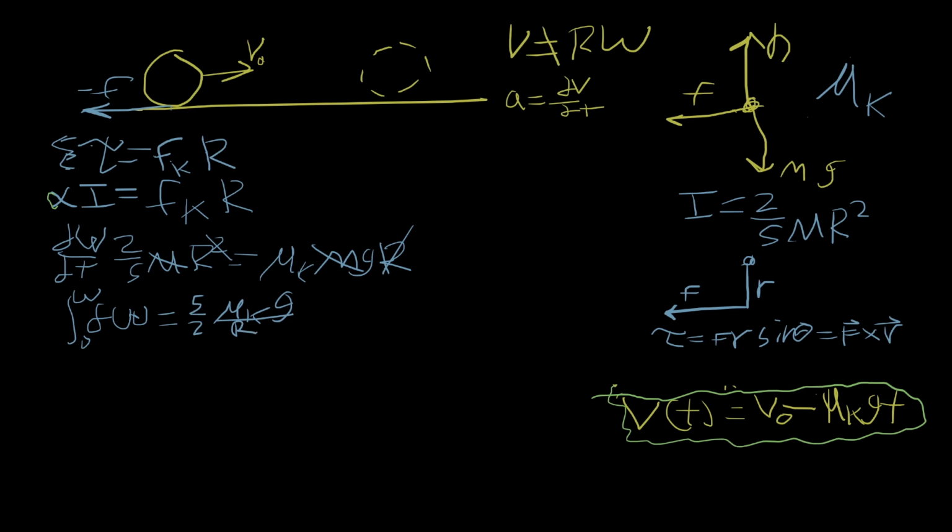So now we're going to take the integral of both sides. This is going to go from 0 to t. This will give us the angular velocity with respect to time is equal to 5 over 2 times the coefficient of kinetic friction, g, and then we're going to write r on the bottom times our time that we're looking for.